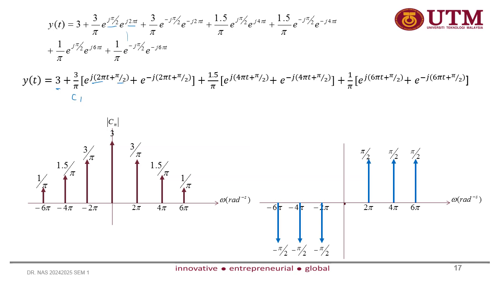When you have negative frequency, you have negative phase shift. So negative times positive, it's negative. And you can notice that inside the bracket it is always similar, for all cases. All right, and this one as well.